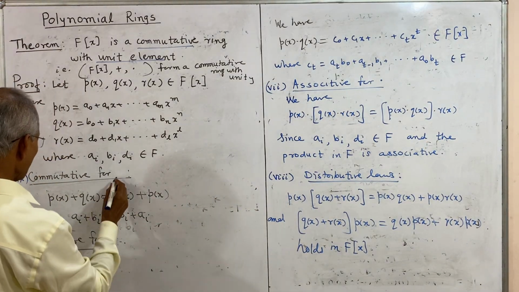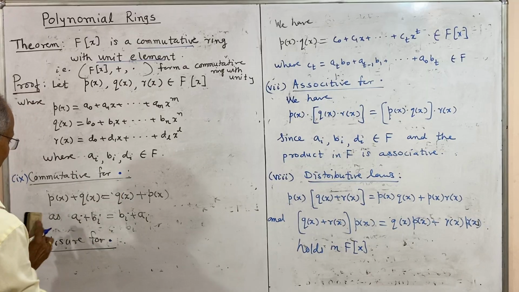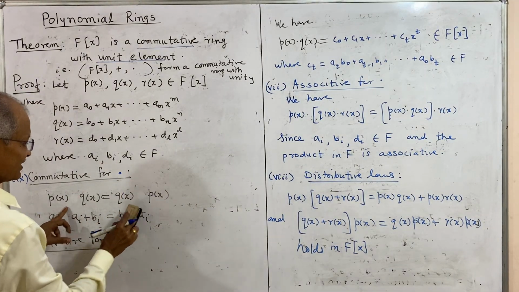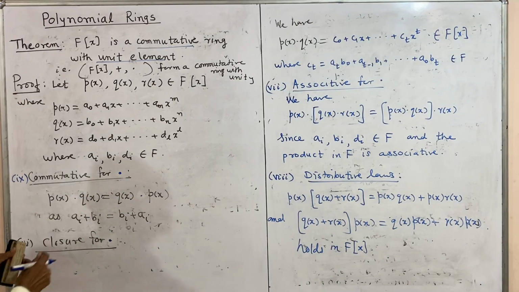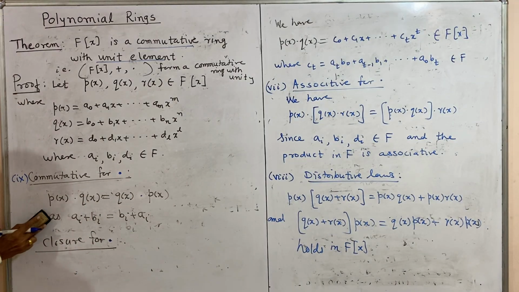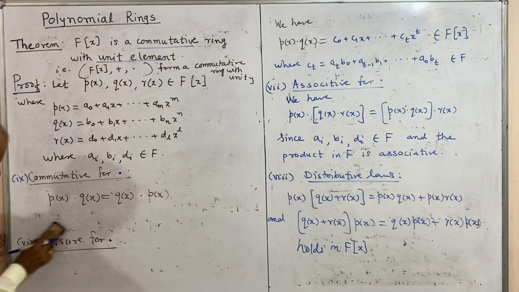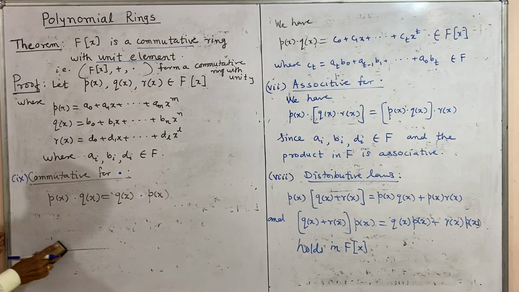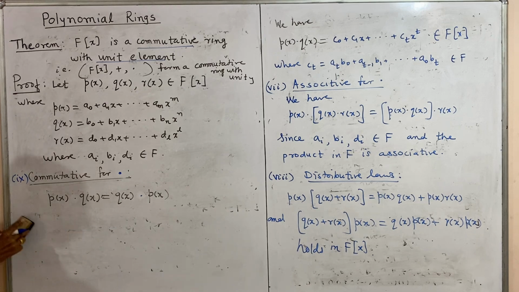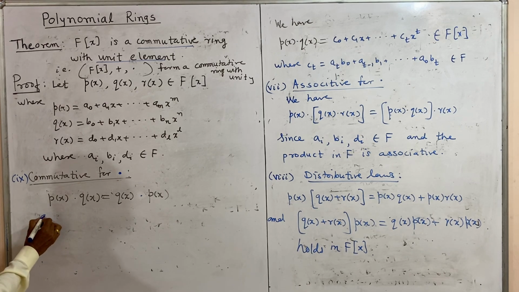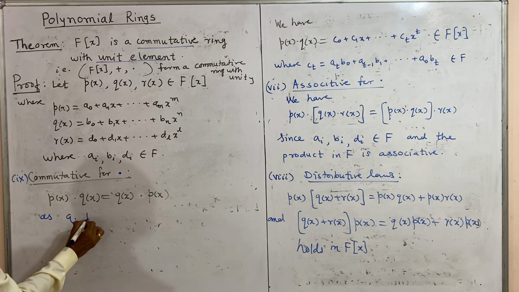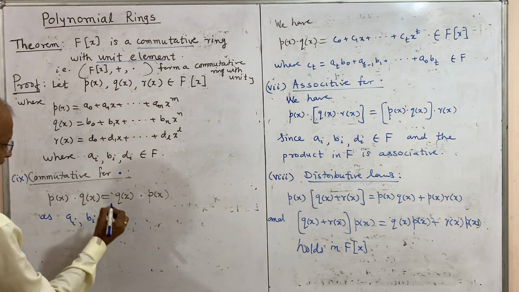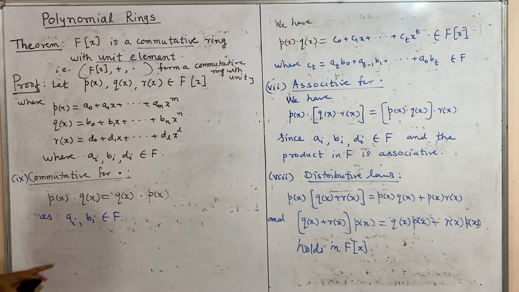Next to this, commutative for multiplication, and that means p of x into q of x is equal to q of x into p of x, as the product of coefficients in the field is commutative, as ai, bi belong to f, and the product in a field is commutative.